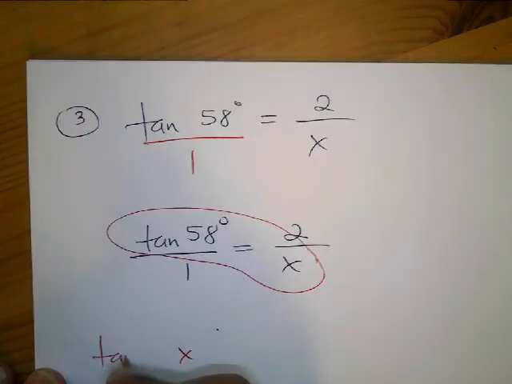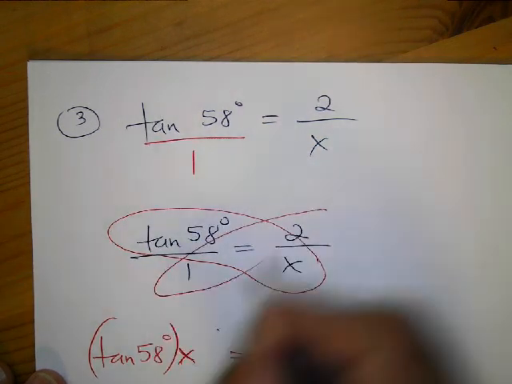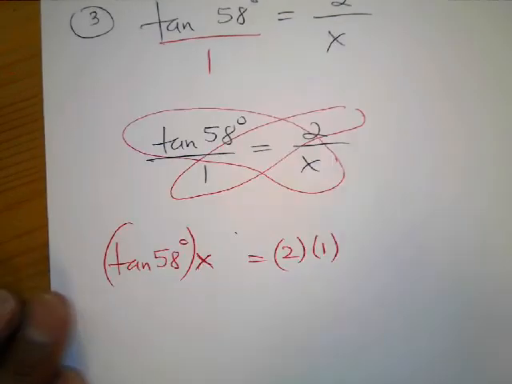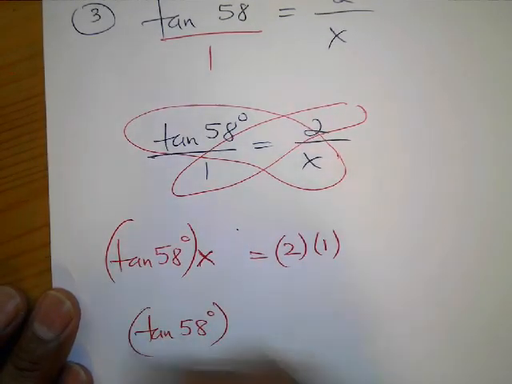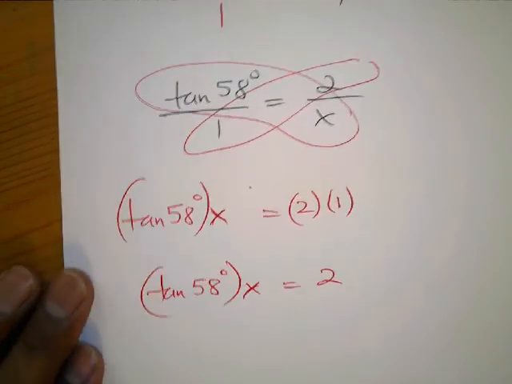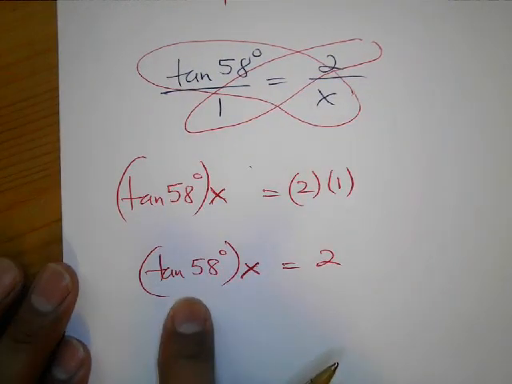Put the number first. Tangent of 58 is the number. Tangent of 58 times x is equal to 2 times 1, which is just 2, right?